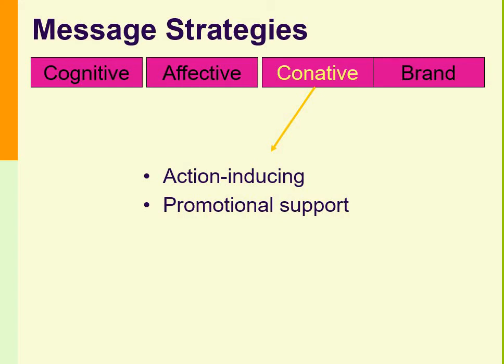The conative component is the link which triggers the behaviors by forming a certain kind of attitude. And it may be action inducing, or it may be based on the promotion support.